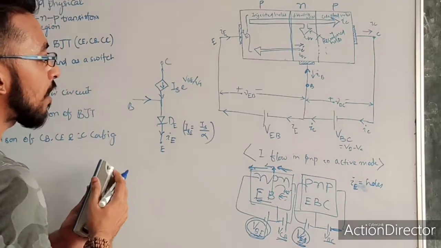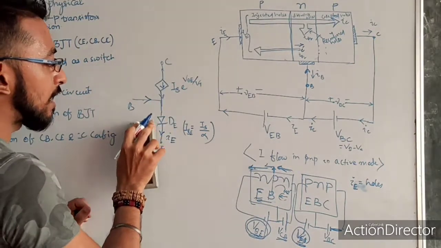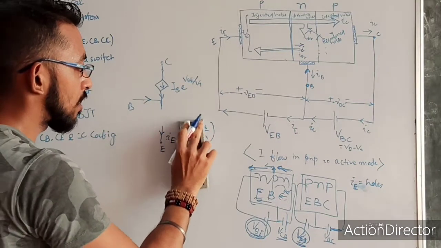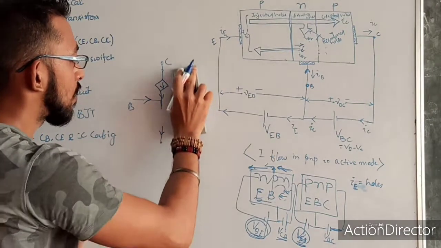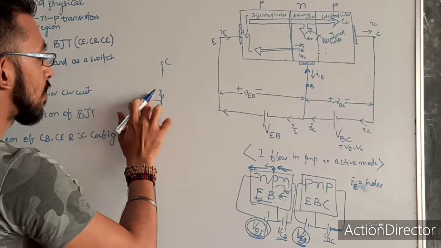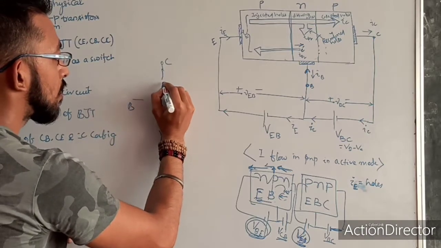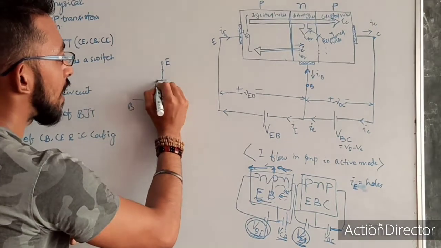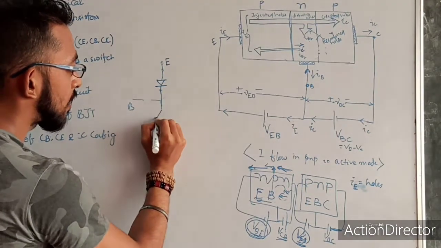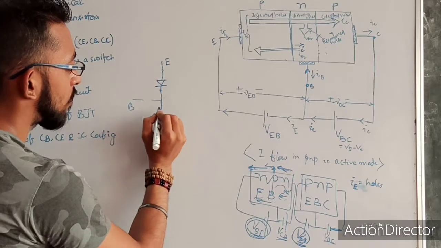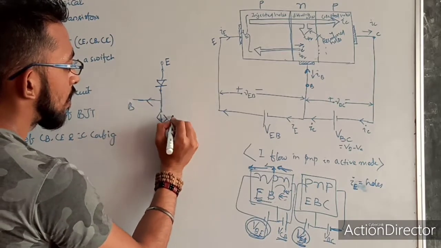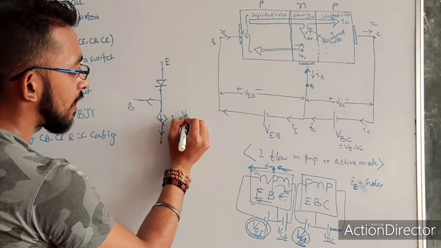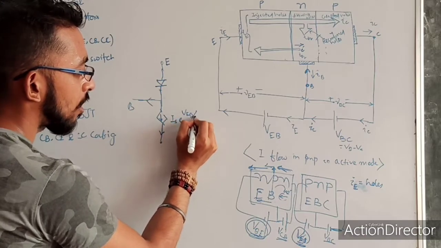In PNP, what will happen? Just these two will interchange. Let me draw that one. Here there will be one diode. This is nothing but my E. Here there will be a current source whose value is Is e power VEB upon VT.